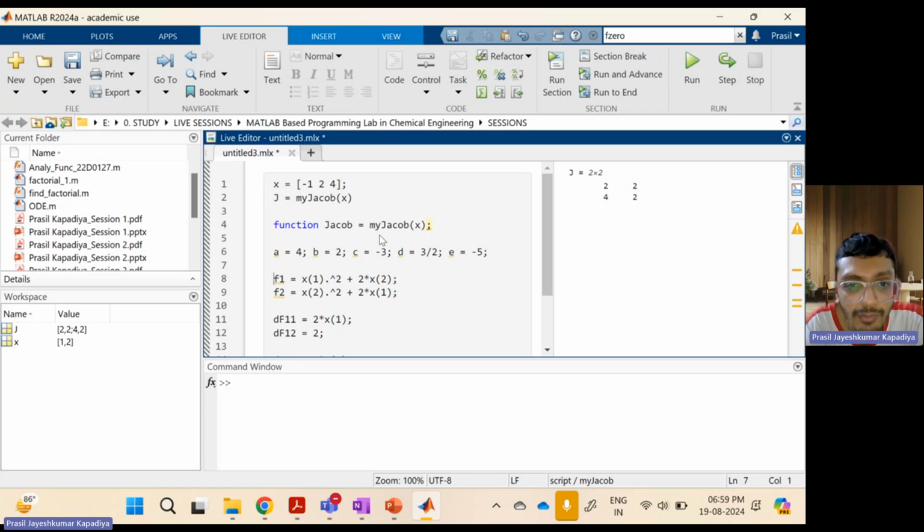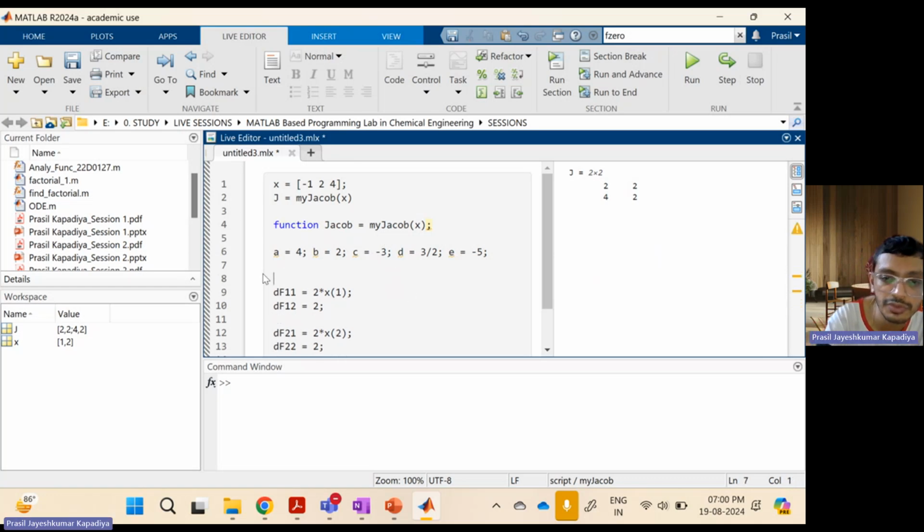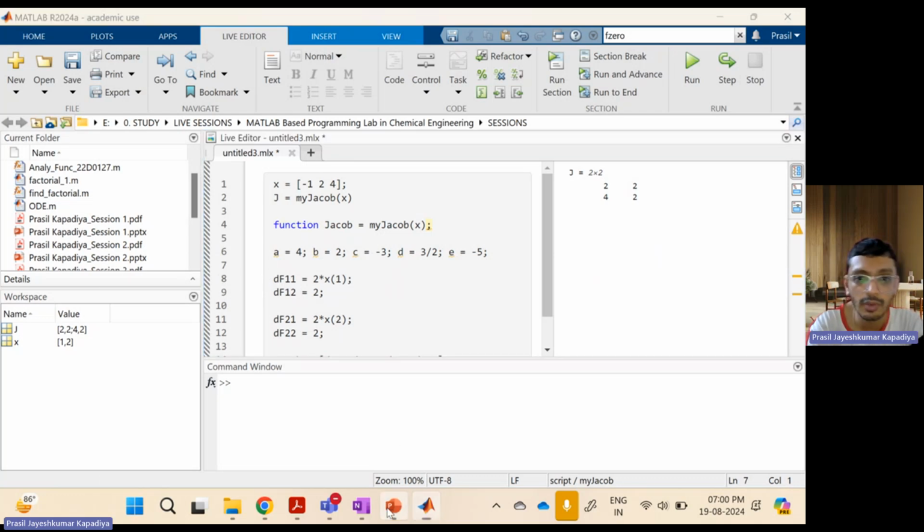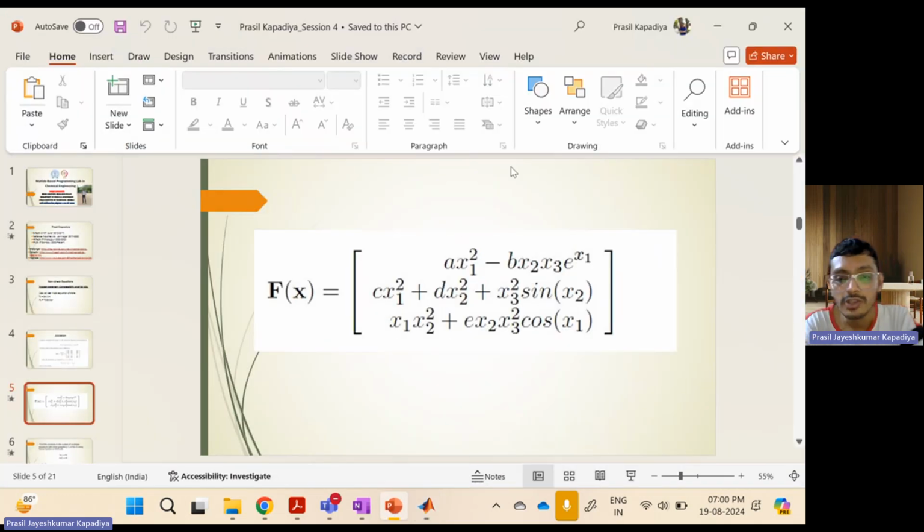So my function f1 is equal to, okay, so one thing, do we need to find f1, f2, f3? We don't need to find them, we just need their derivatives. So I will be removing f1, f2, because we really don't need them. So what is the derivative of f1 with respect to x1? It is 2a x1 minus this whole term; e raised to x1 is just e raised to x1.